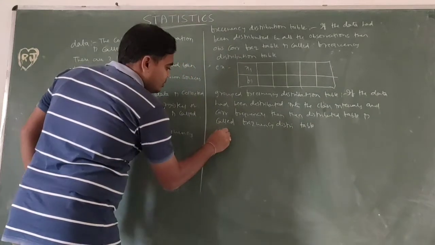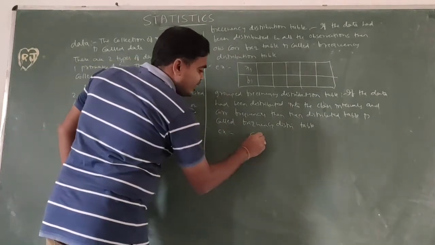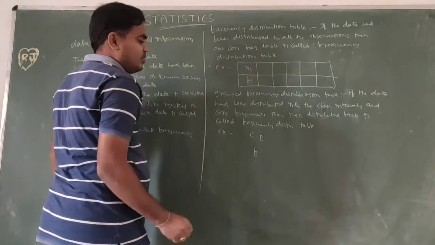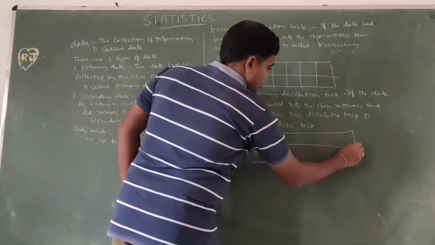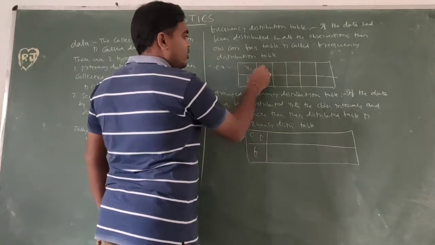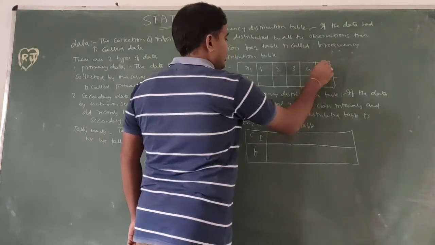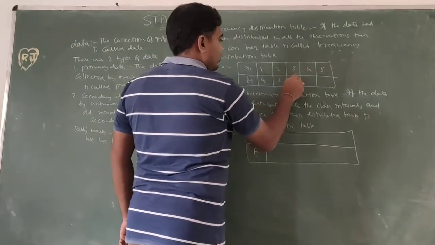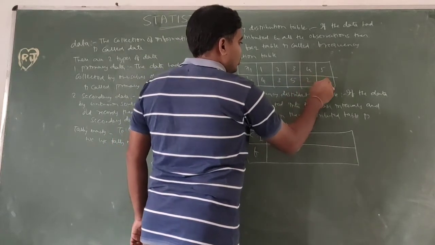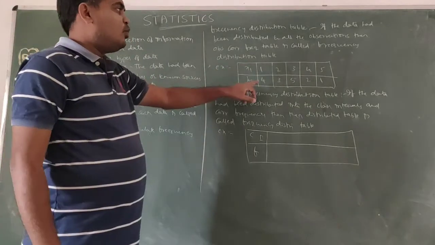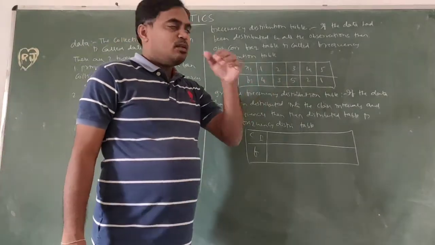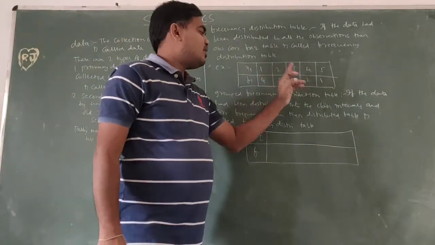For example, here it is class interval, here it is frequency. Here we have 1, 2, 3, 4, 5, 4, 3, 5, 2, 1. So 1 came 4 times, 2 came 3 times, like that. These are the observations with corresponding frequencies.